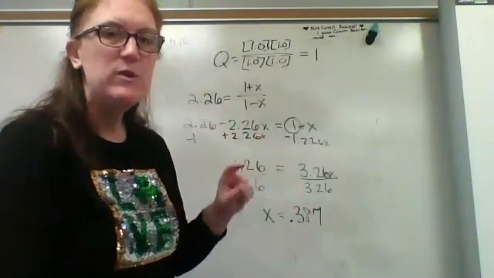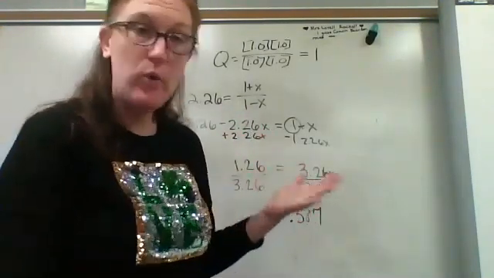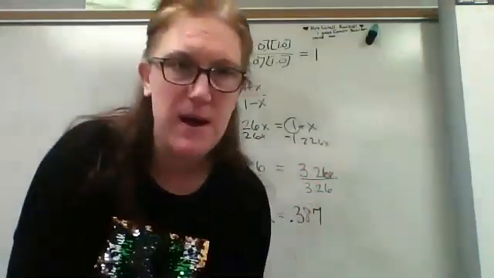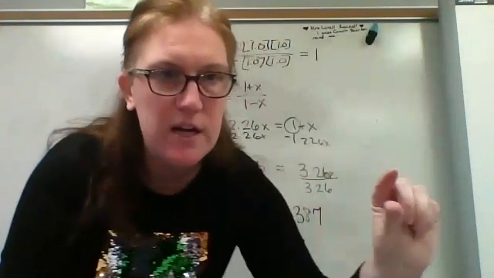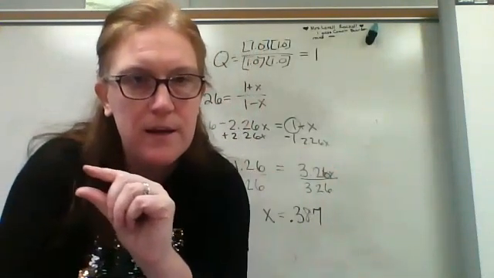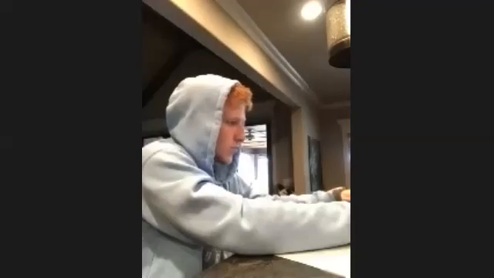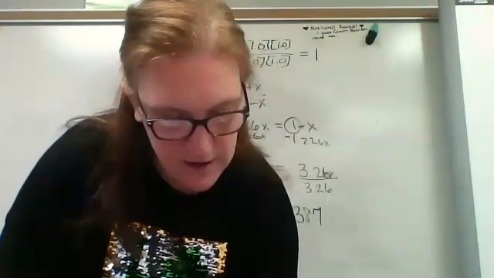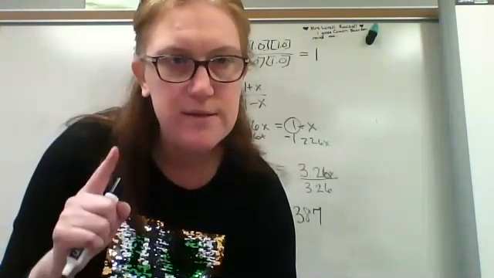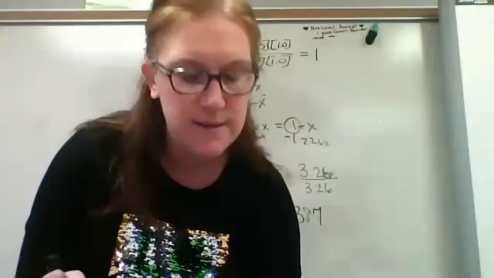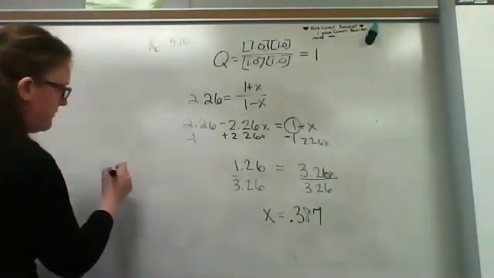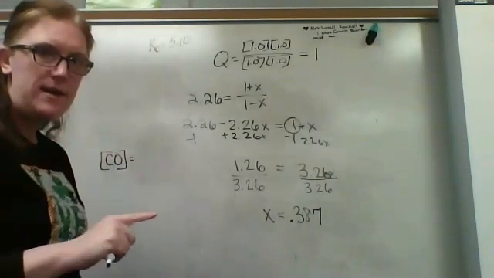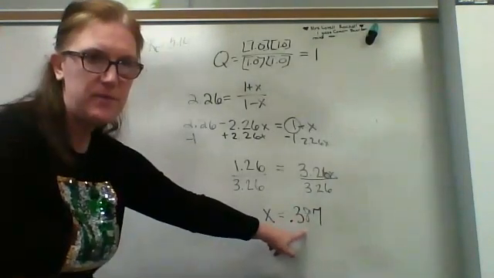What they were wanting to know was what are the concentrations at equilibrium, okay? So we're going to go back to, because I erased mine, sorry, where you had your E, your equilibrium, and whatever it said to do. So for the carbon monoxide, that was 1 minus X. So for our concentration of carbon monoxide, you're going to take 1 minus X, 0.387.